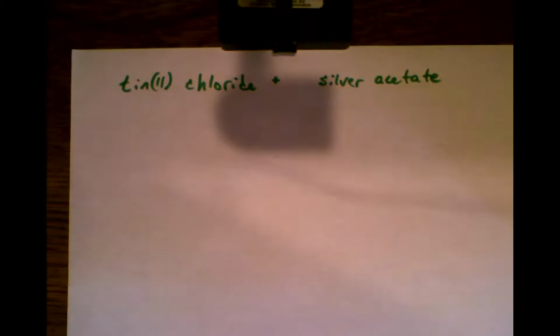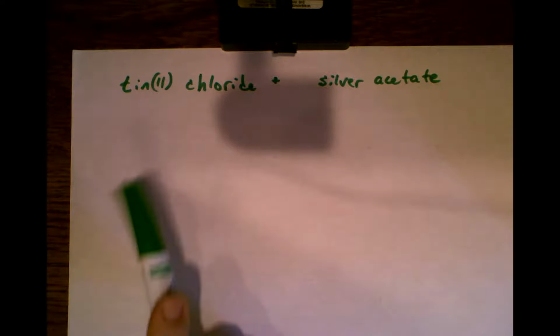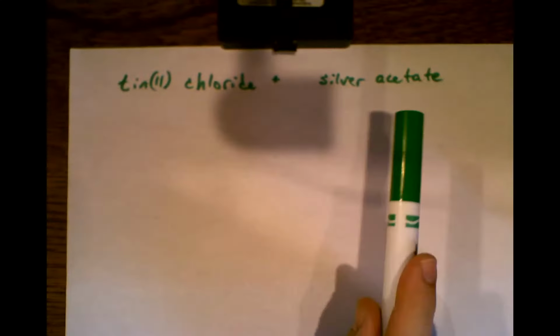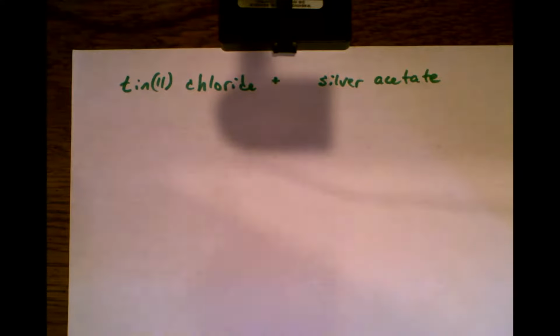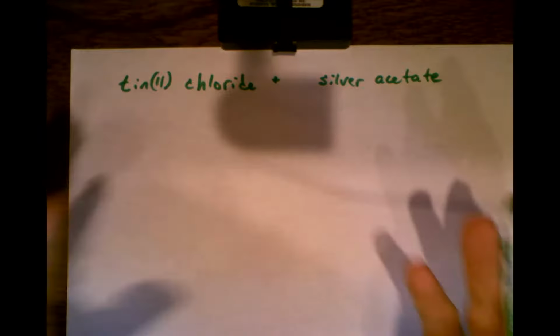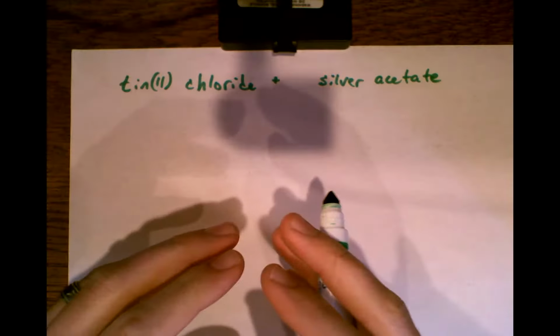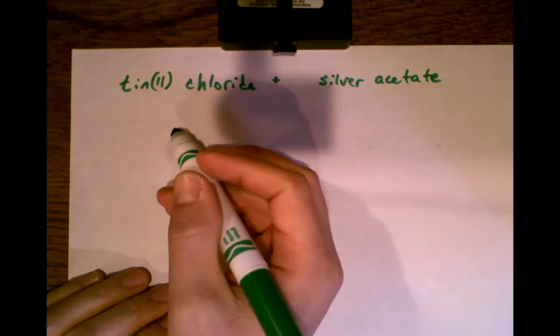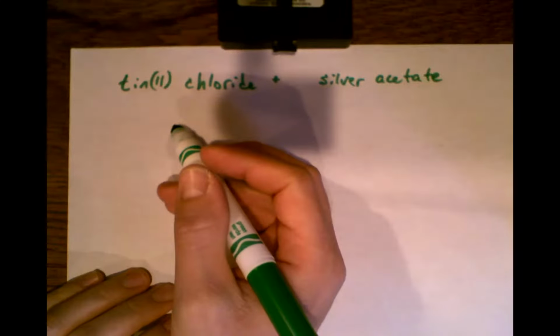So I wanted to work out an example of what it would look like if I wrote a net ionic equation between two different ionic compounds, tin(II) chloride and silver acetate. So what we're doing is dissolving them both in separate containers and then mixing them together. So what we should probably do is write out what these chemicals are first.